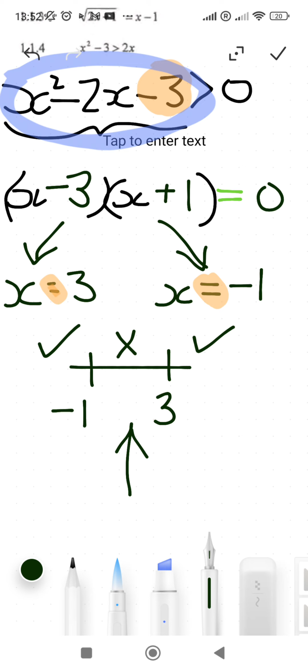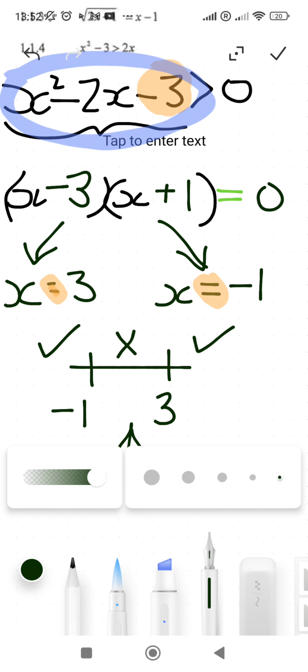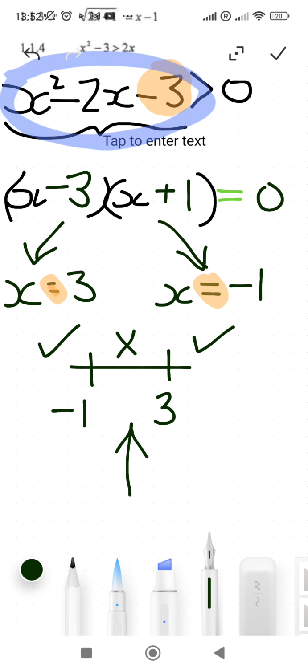So let's write this one down. So I'm going to take a 4 because the 4 is outside my critical values. So then I will have 4 squared, which is going to be 16, minus 2 times 4, it's going to give me 8, minus 3. So my left hand side is 16 minus 8 minus 3. That's going to equate to 5.